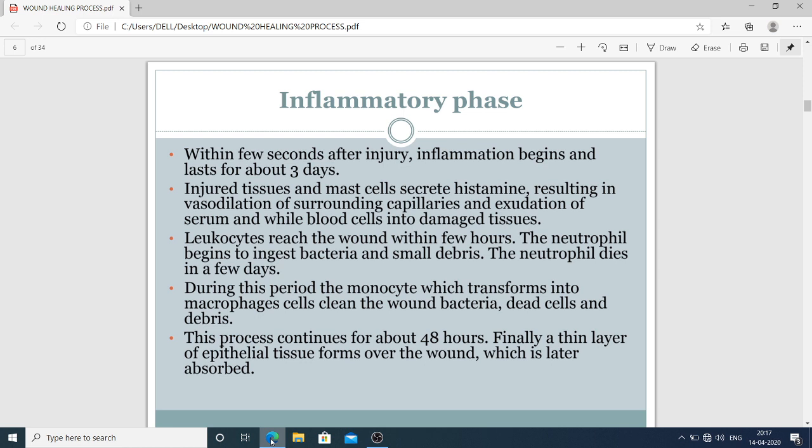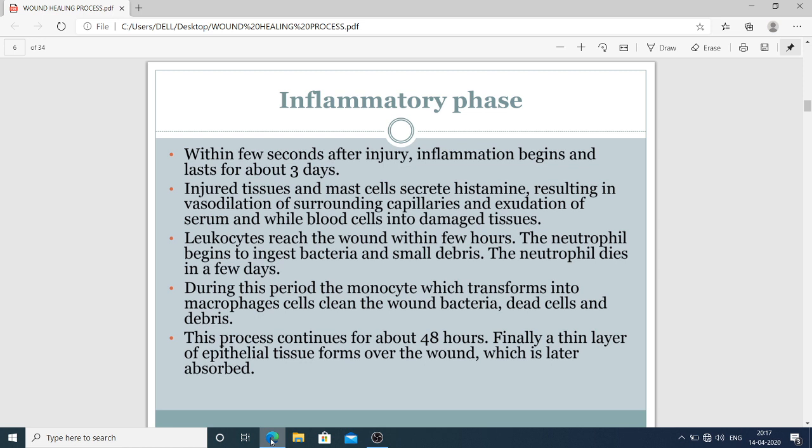Right? Then next, this process continues for about 48 hours. Finally, a thin layer of epithelial tissue forms over the wound, which is later absorbed. And here is the question: what is epithelial tissue? Epithelial tissues are spread throughout the body.